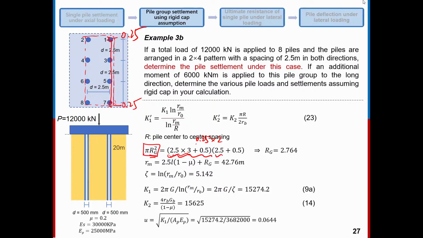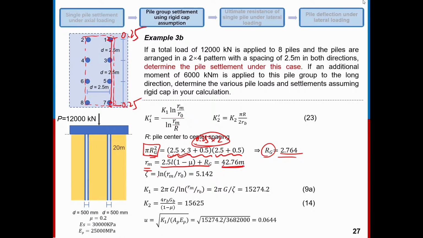And similarly, we have the width of this rectangle, 2.5, the center to center distance, plus the 2 radius, 0.5 here. Then we can get the Rg value as shown here, right? And Rm can be calculated using this equation we already discussed. And the value for Rm is 42.76 meter.